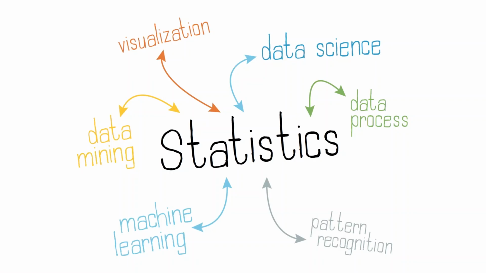So, thinking about when this happens and how it comes together, there's a lot of debate about what's meant by the term data science. And no matter what the definition, I think it's important for statisticians to be involved in all of these areas, from data process and how data are actually created and curated, thinking about visualization, data mining and machine learning, which are topics that are familiar to us, but it's not been necessarily a central part of our training, ideas of pattern recognition.